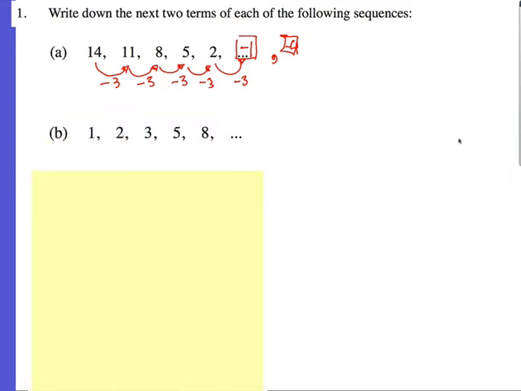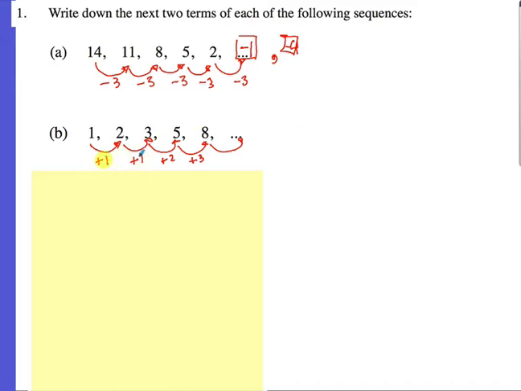Question 1b. This is a number that goes up in 1, goes up in 1, then goes up in 2, goes up in 3. Now to work out the next one, we need to spot a pattern in the second differences.